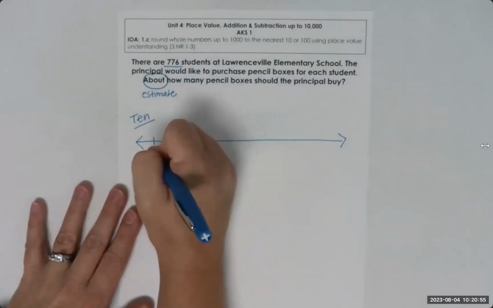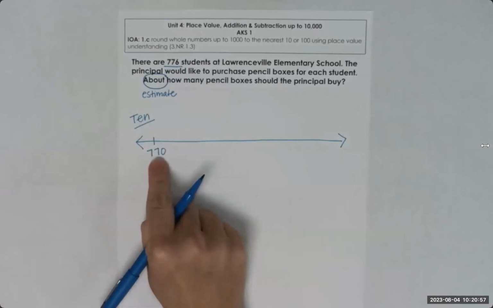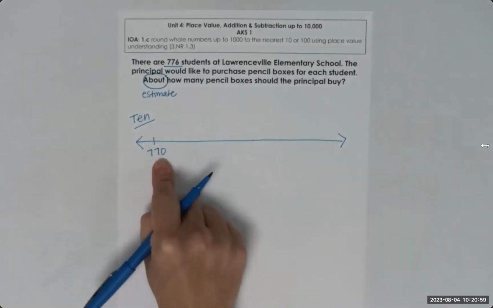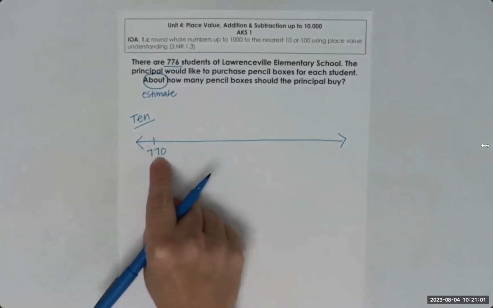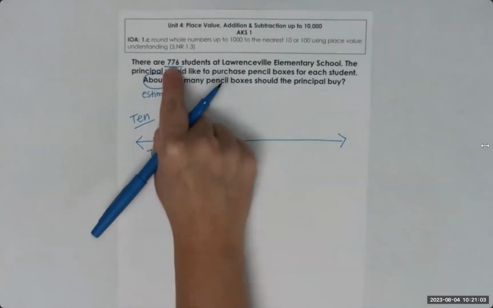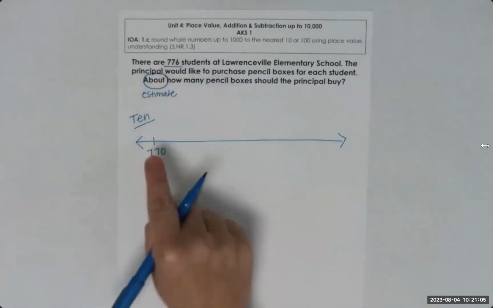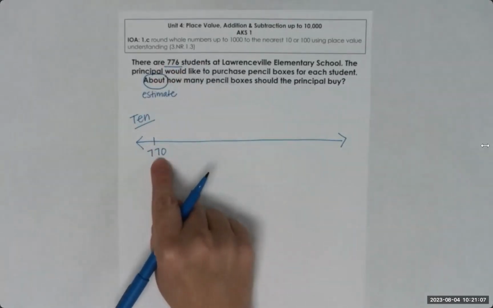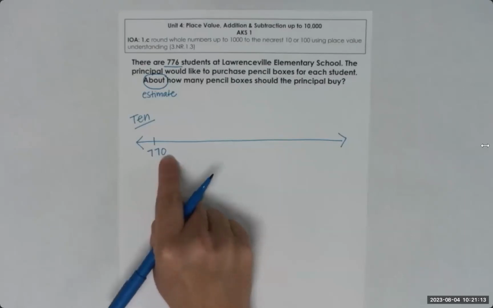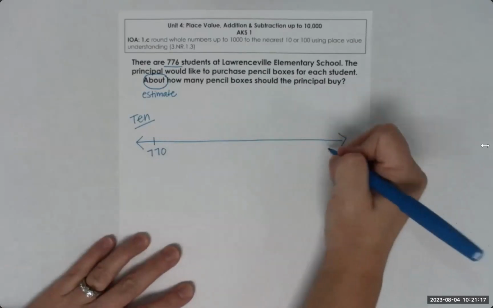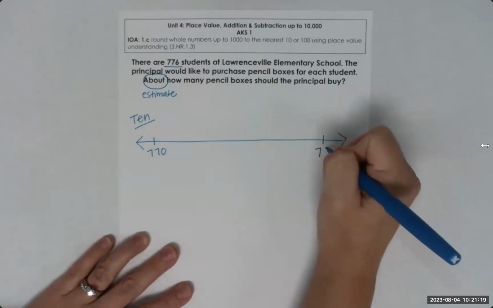So I have 770 as one of my benchmark numbers because I can either round this number to the 10 it currently has, to that 7, which is 7 tens or 70, but I also want to include the value we have in the hundreds place because this value would be 770, or I want to go to the next 10, which would be 780.